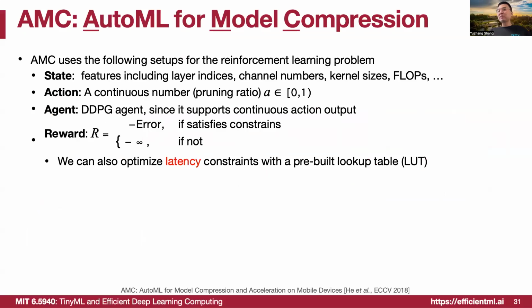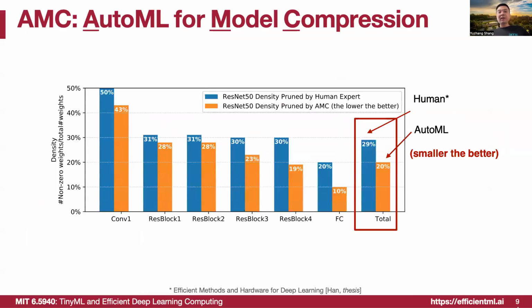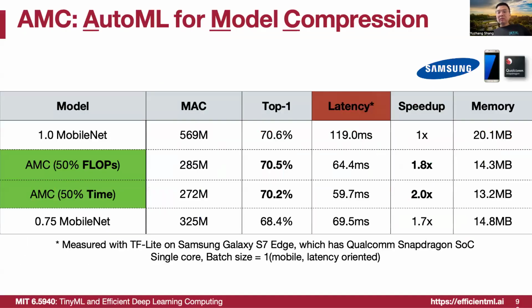And using this AMC, we can get very good performance. And those AMC algorithms, at that time, have been used by many mobile devices, like on the Qualcomm chip and on the Samsung mobile devices.